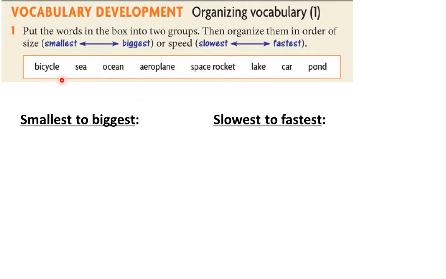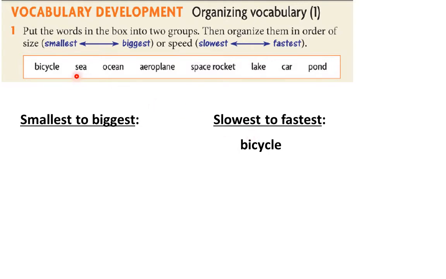Let us start with the first one, bicycle. Bicycle is something that can be used in order to move from point to point. So it is used in transportation or movement, and movement means there is speed, so it can be in this group.